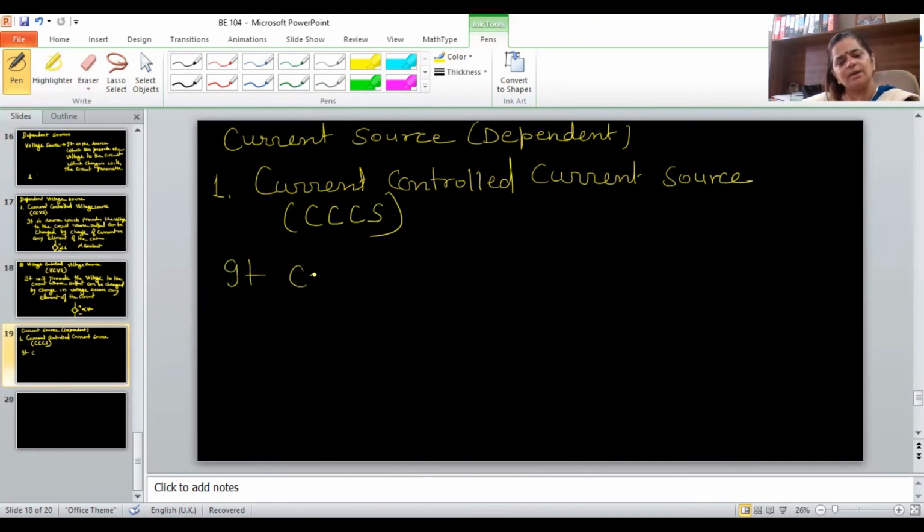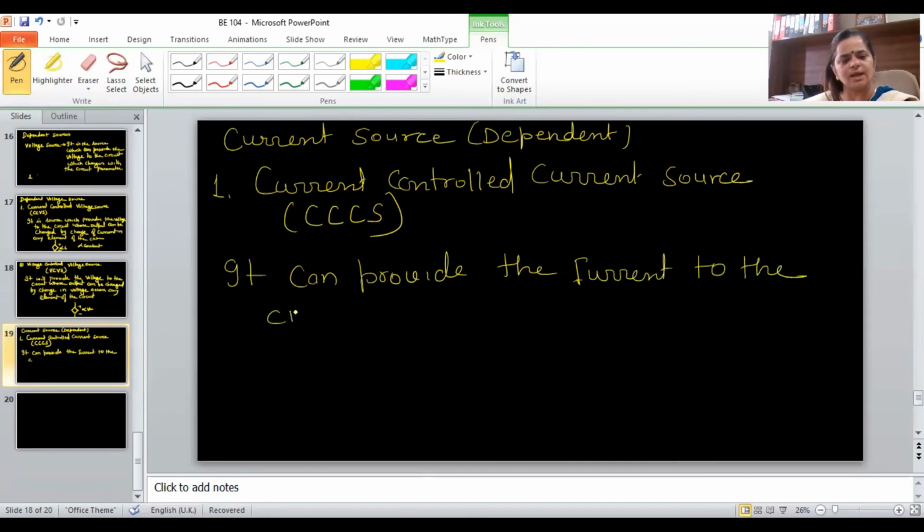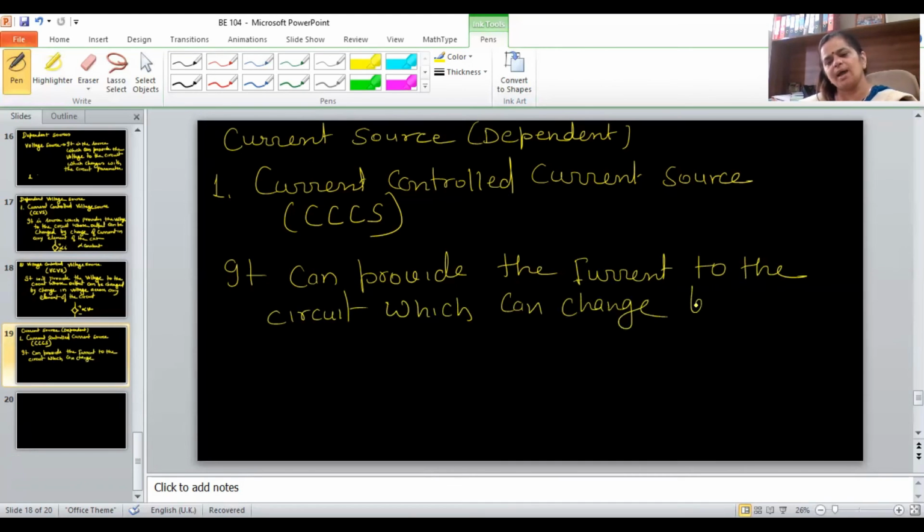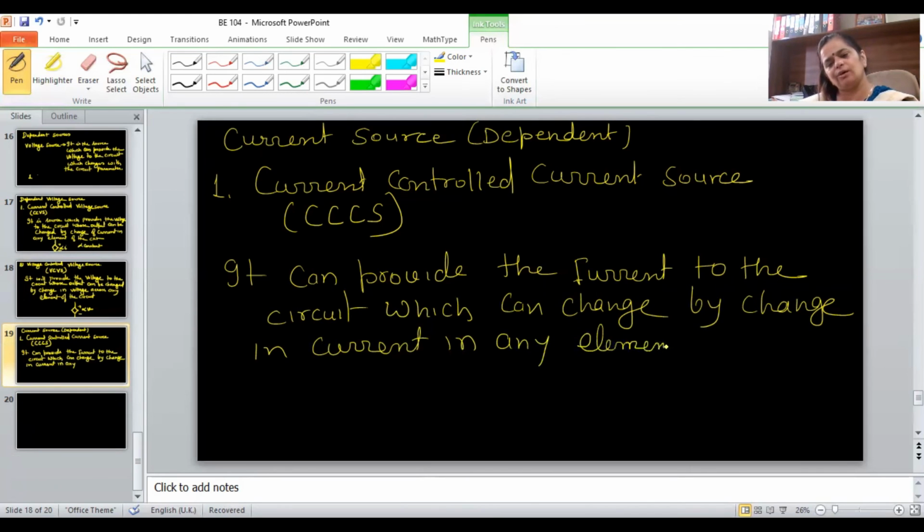It can provide the current to the circuit which can change by changing current in any element of the circuit. Its symbol will be like this, alpha into I.